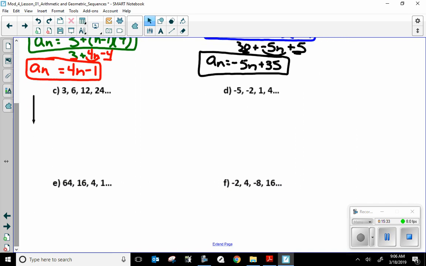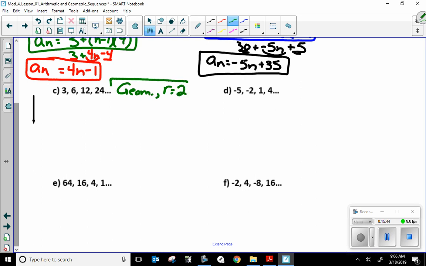Next one. Oh, 3 to 6 to 12. I'm really doubling these. So this is geometric, and my common ratio is 2 because I'm multiplying by 2. My first term is 3. So a sub n equals my first term times my common ratio raised to the n minus 1.